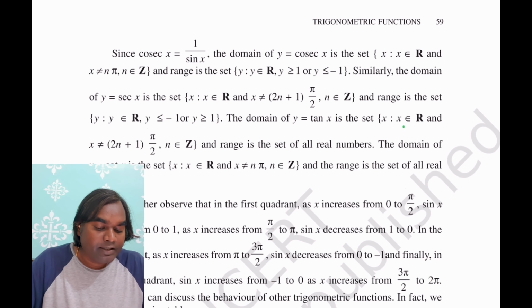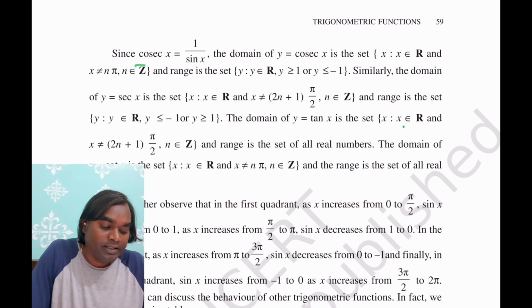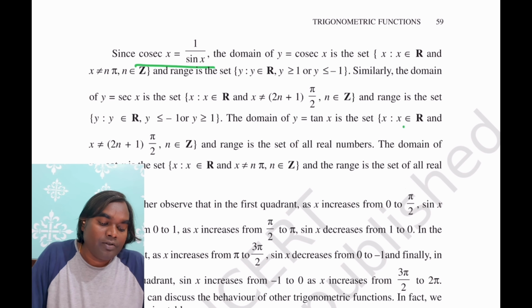So friends, now we will discuss the domain and range for the reciprocal trigonometric functions. For example, let us talk about cosec x. You know that the domain of sin x is the set of real numbers.